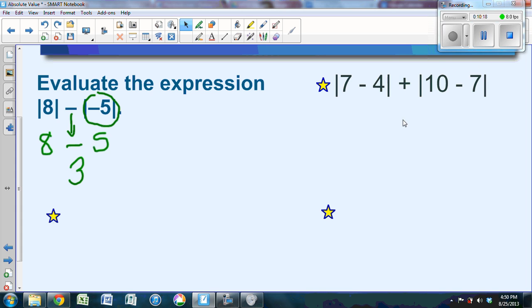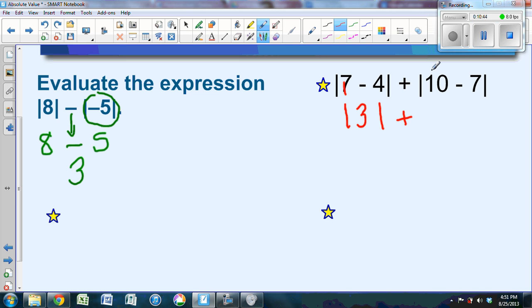Now, sometimes we have an expression like this one where there is an operation inside the absolute value. So just like if we had parentheses, we would have to start inside. So I can't do absolute value until I do what's inside. So 7 minus 4 is 3. I write down 3. But I didn't do absolute value, so I have to keep those absolute value bars. That's important.